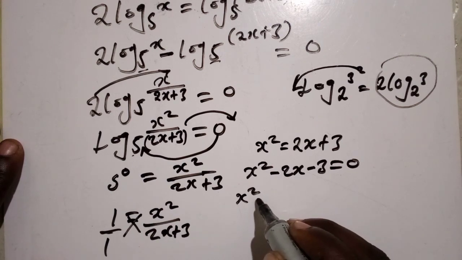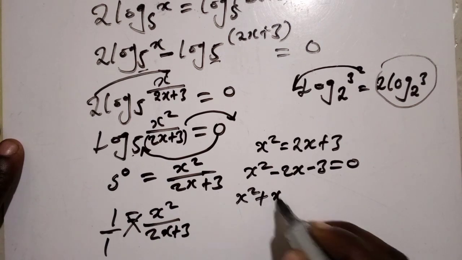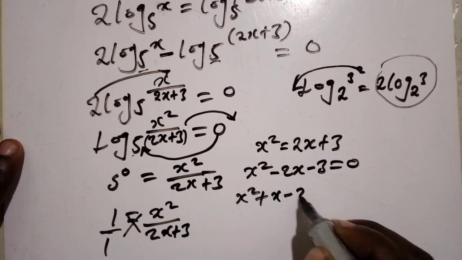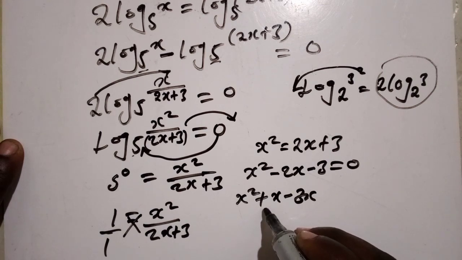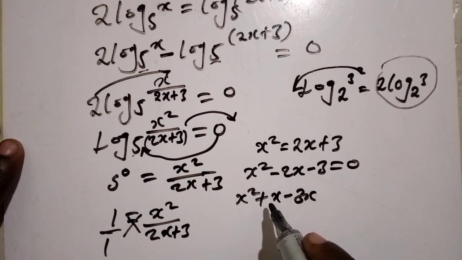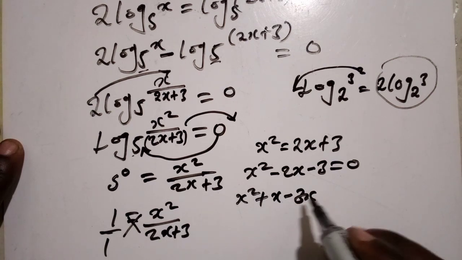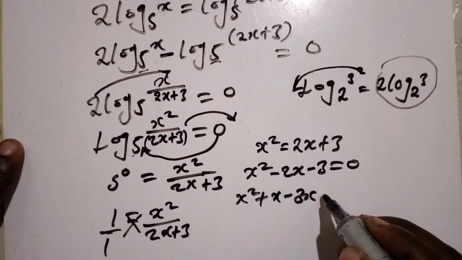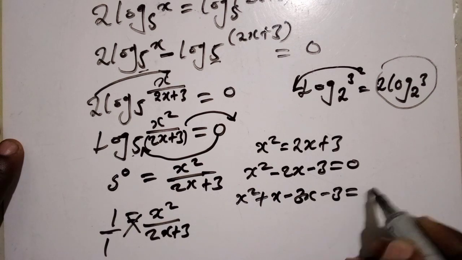Those numbers are positive 1 and negative 3, because 1 minus 3 is minus 2, and 1 times minus 3 is minus 3. So we have x squared + x - 3x - 3 = 0.